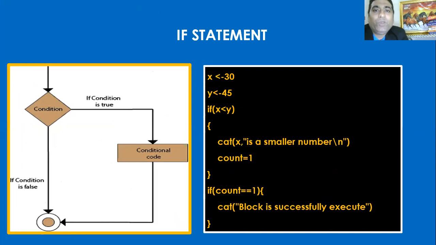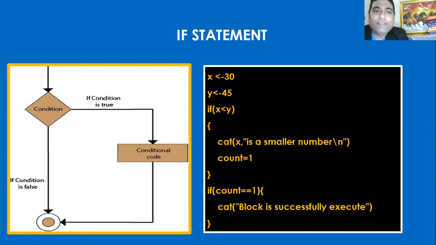Next, the if statement. The flowchart says if the condition matches, it's true and the block will execute. If the condition does not match, then false. See this example. I have initialized x as 30 and y as 45.